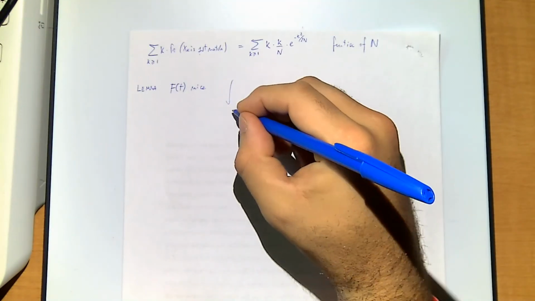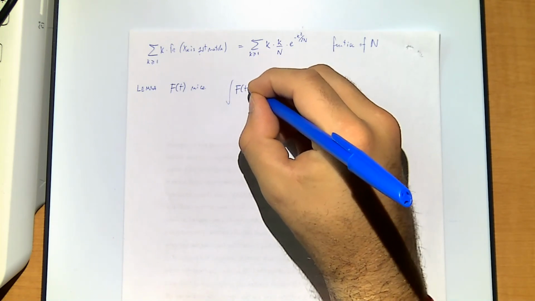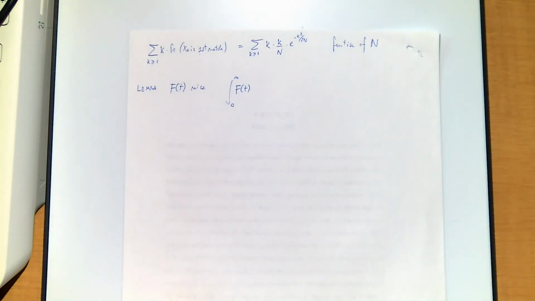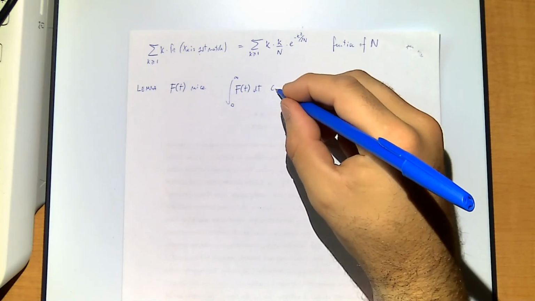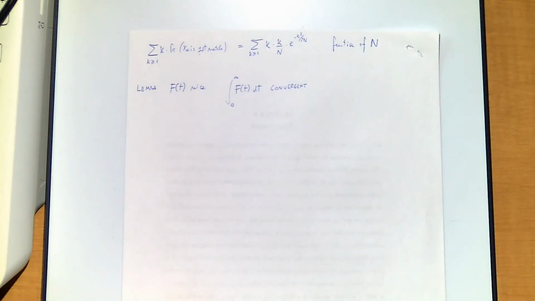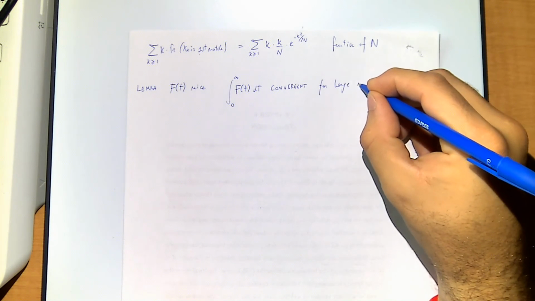And the property that I want is that the integral of f of t from 0 to infinity is convergent. Remember, this is an improper integral, and by convergent it means that when you take the limit to infinity, and so on.